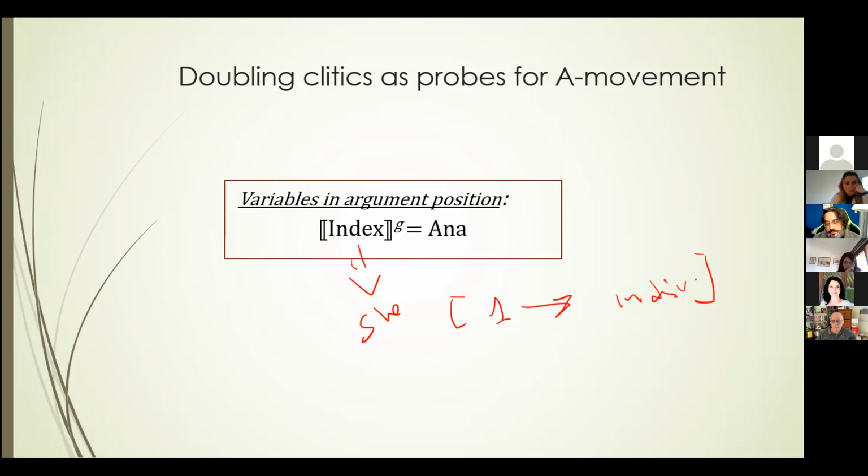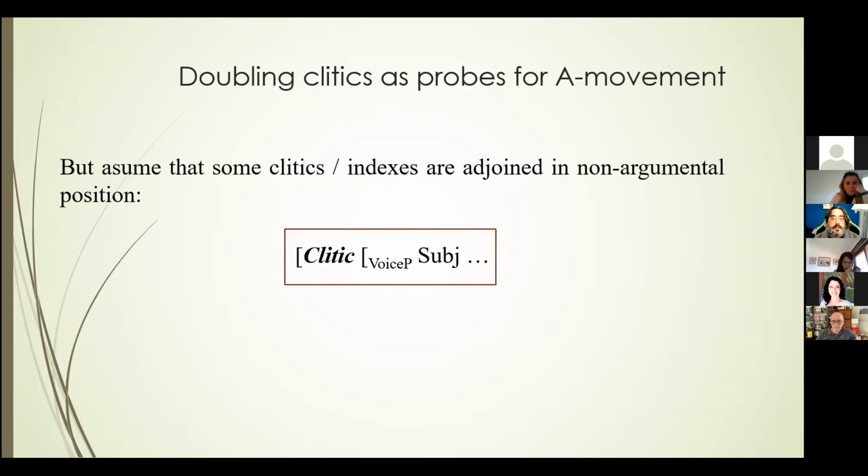Of course, this variable can be bound also. But this is a clitic in non-argument position, for instance, as a sister of boys. What happened with these guys in non-argument position?